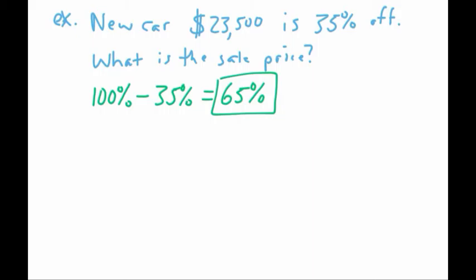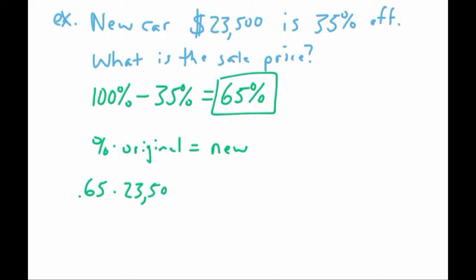Well, I would recommend doing it the shortest way, less chance to make mistakes. Yesterday we were saying that instead of the percent times the whole equals the part, I think it might make a little more sense if you say the percent times the original equals the new. So my 65%, when using this equation, we always put the percent in as a decimal, so that'll be 0.65. The original amount of the car was the $23,500.